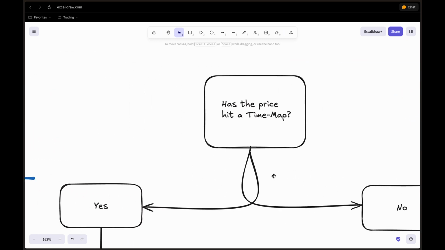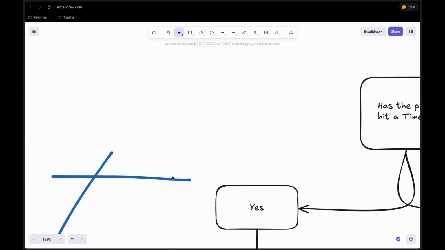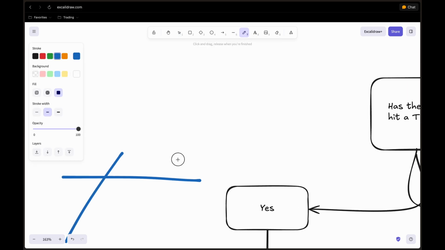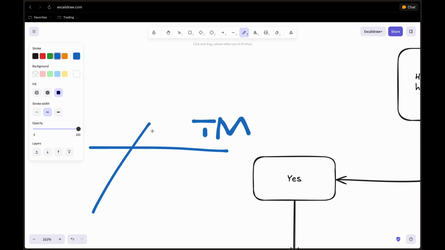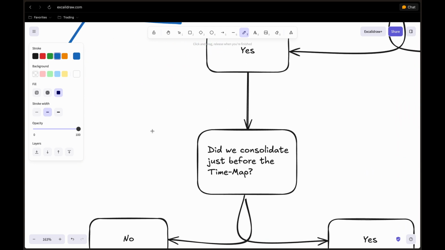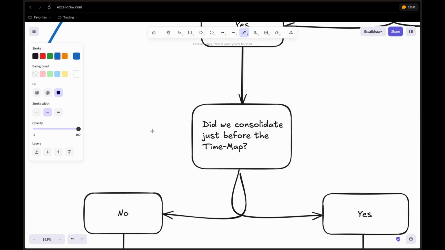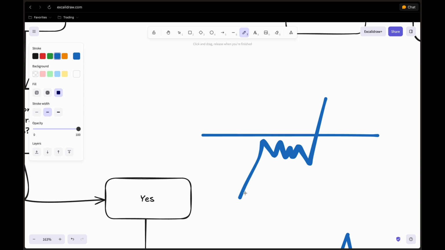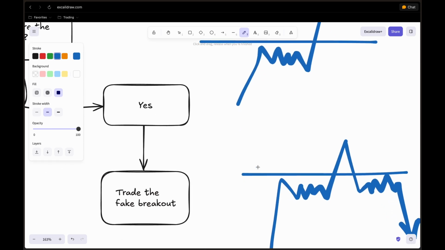Okay. What happens when the price has hit a time map? So this is our time map. Price here has hit the time map. In this case, what do we do? Then you ask yourself the other question: did we consolidate just before the time map? In case something like this happened, where we consolidated before hitting the time map, what you want the price to do for you to be able to take a trade would be to trade the false breakout.